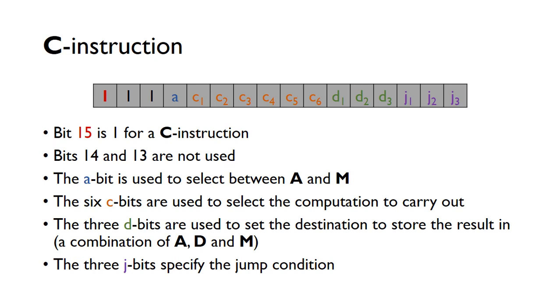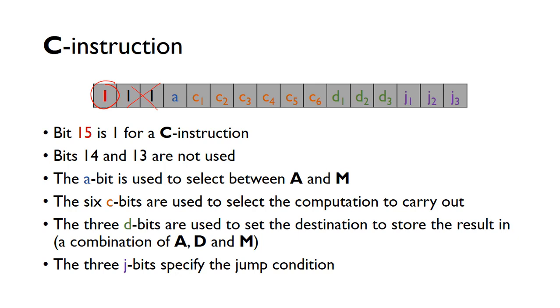So we need to look at the C instruction bits. We need to decode these bits. That's what the decode logic of the CPU is. We know that bit 15 is 1 for a C instruction, and it's 0 for an A instruction. So we don't have to use 14 and 13.